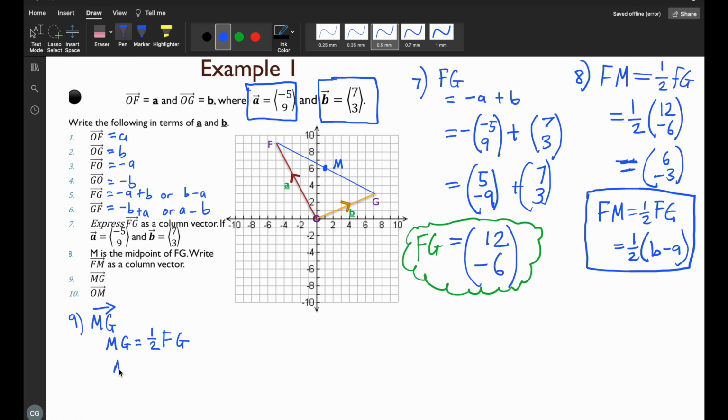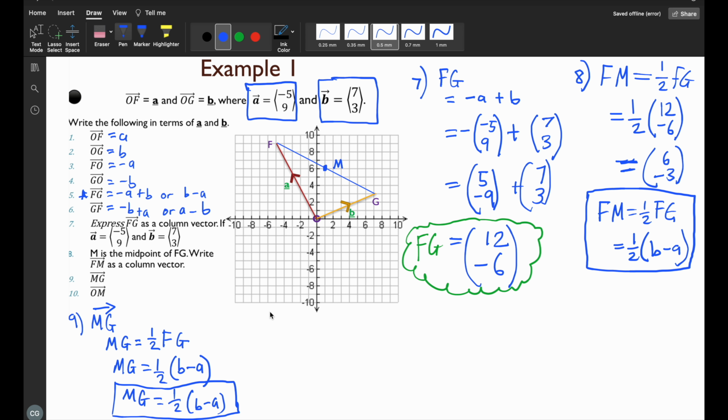So M to G is equal to half, and FG is essentially what we had, B minus A. Okay, so my answer for that is MG is equal to half of B minus A. So essentially what we did here is figure out that M to G is half of FG. Why did I use FG specifically? Because we already had an expression for FG.